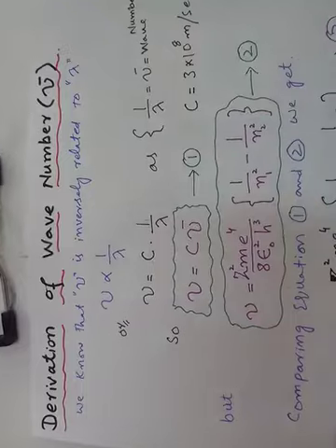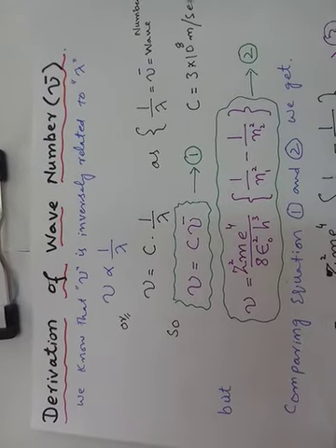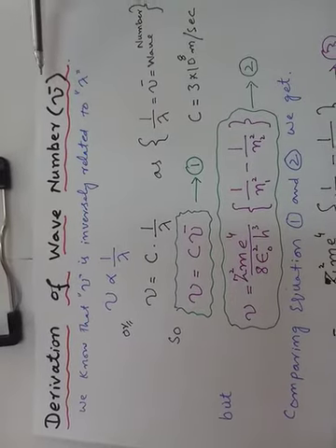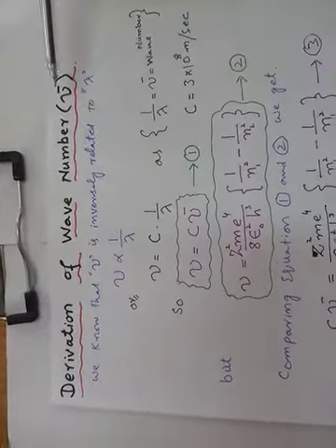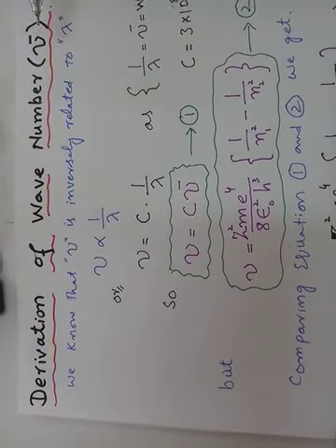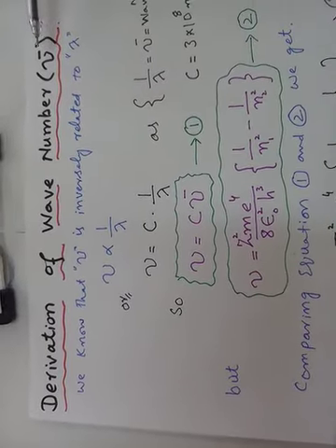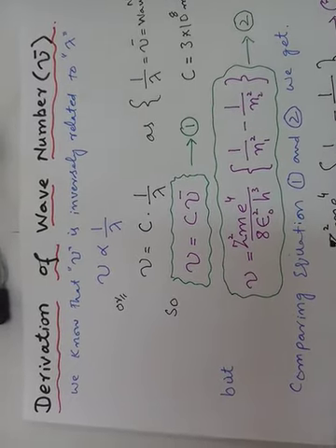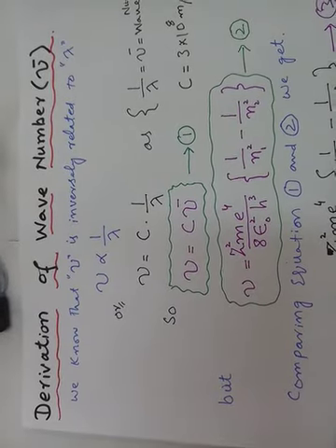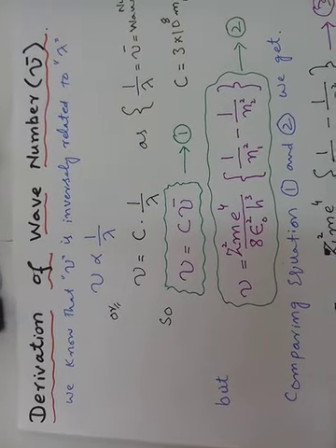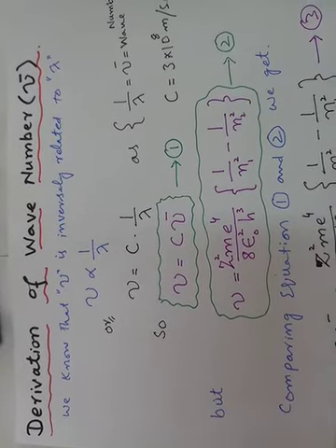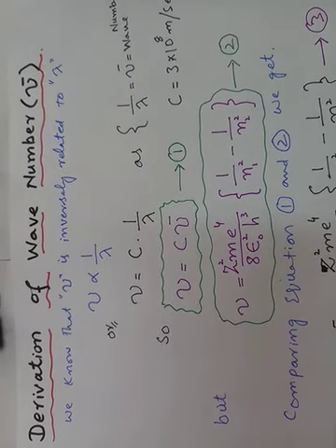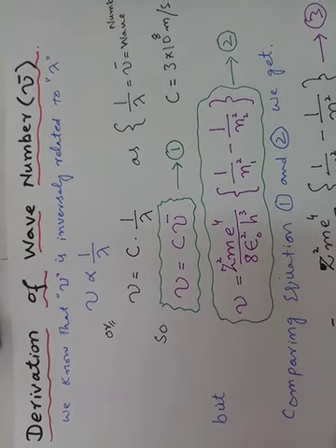Now I am proceeding to the next topic, which is the derivation of the wave number, nu bar. Let me explain what the wave number is. The wave number is the number of waves passing through unit length. For example, if we have a 1 centimeter, 1 meter or 1 millimeter length, the number of waves in that length constitutes the wave number.